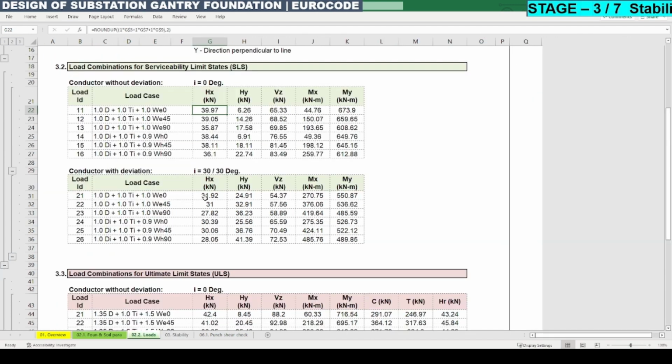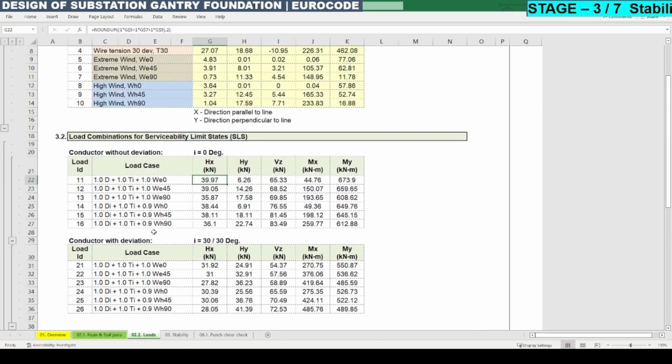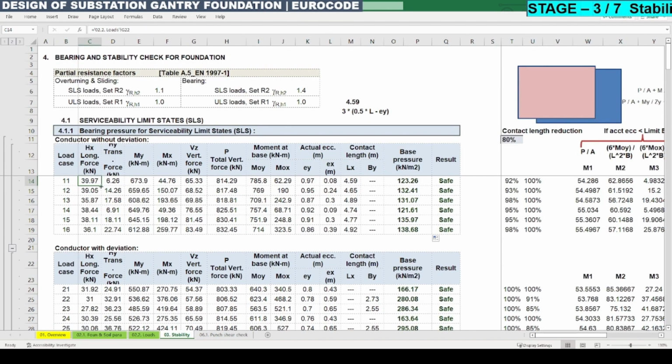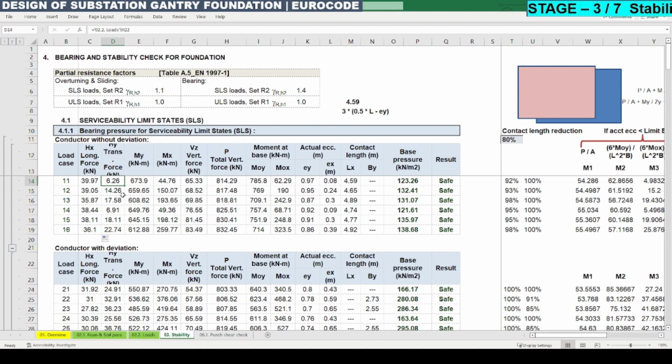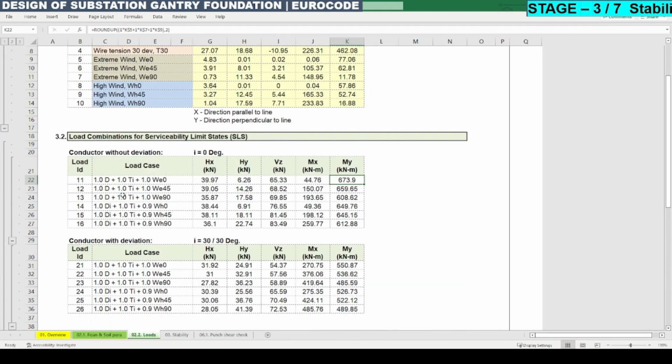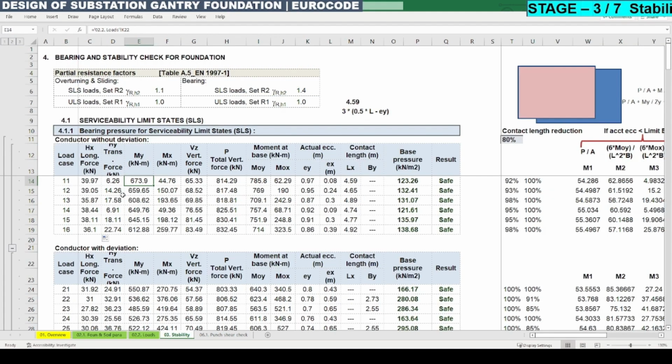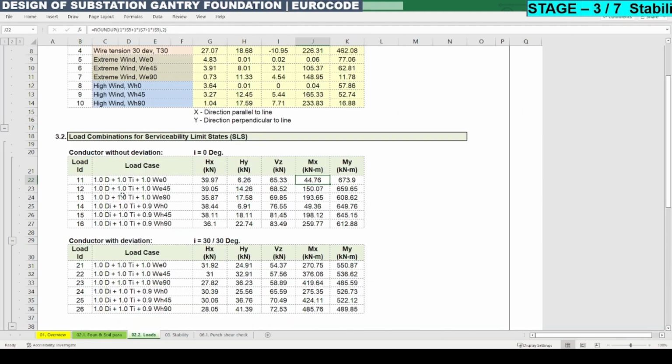We already considered the load combinations here in stage 2, we already calculated this. So from that we just link all the load cases and drag down. So here that Hy is a transverse force, shear force, and a moment we can directly link to this My from the load combinations which we had seen in stage 2.